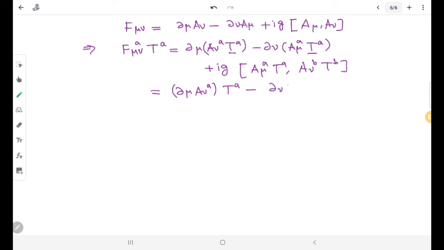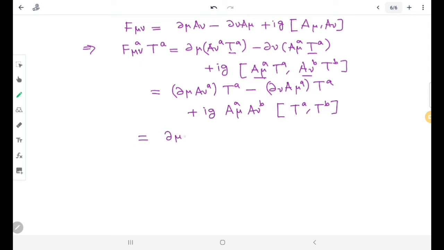Similarly for partial nu A mu A. And here we have ig, and these are space-time indices, the space-time vector components, so we can pull them out because they don't have any problem; they are not going to commute anyway. But Ta and Tb will remain there as a commutator.